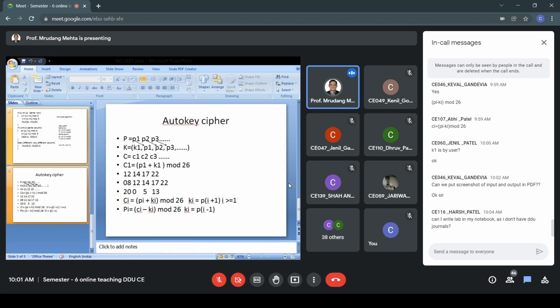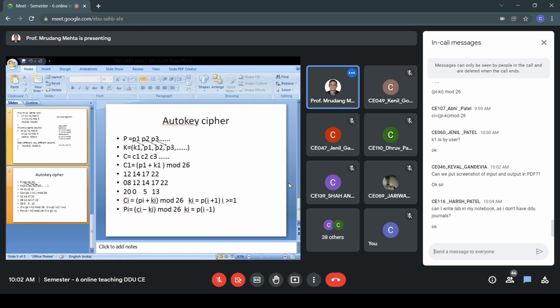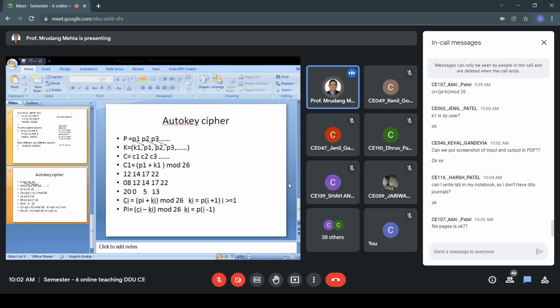If you don't have a DDU journal, then don't worry, but you can have pages similar to the DDU journal from a stationery shop, and then you can write down. Instead of a notebook, you can create a file so that in case it is required for submission in future, it is ready. So it is for your backup. Now we are not making it mandatory for you to come here, but at least you can keep it with yourself. So you can take some file and pages.